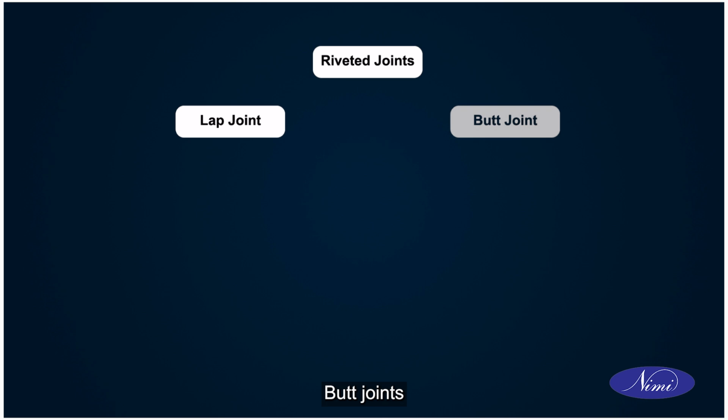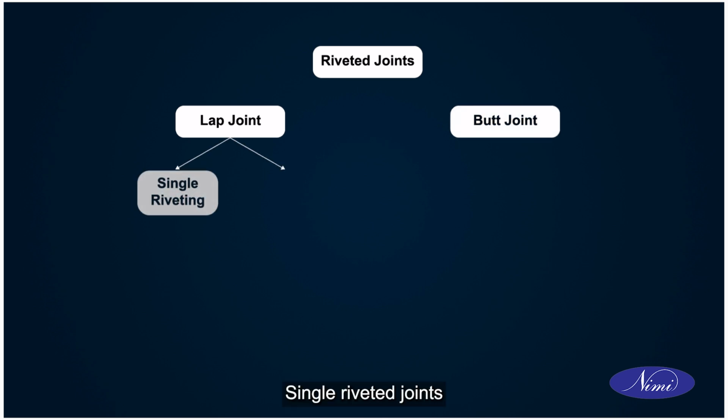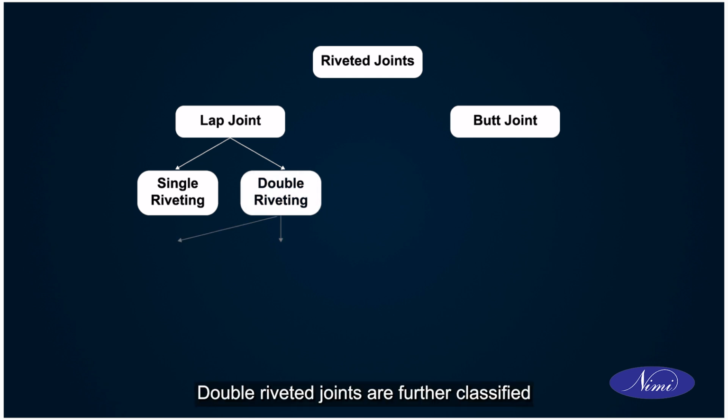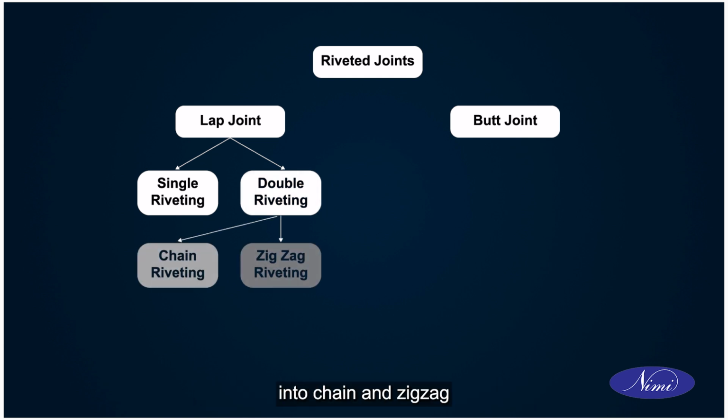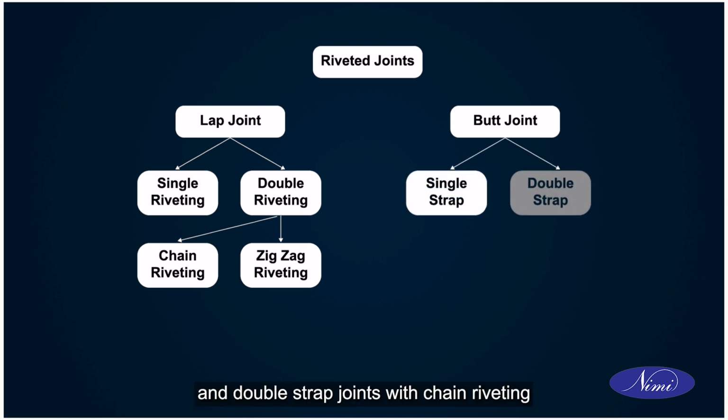The classification of riveted joints is as follows: lap joint, butt joints. Lap joints are further classified as single riveted joints, double riveted joints. Double riveted joints are further classified into chain and zigzag. Butt joints are classified as single strap joints and double strap joints with chain riveting.